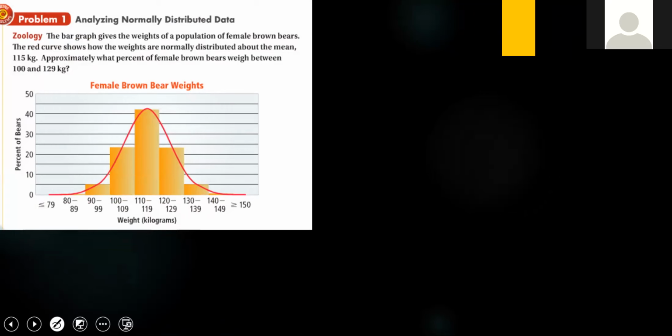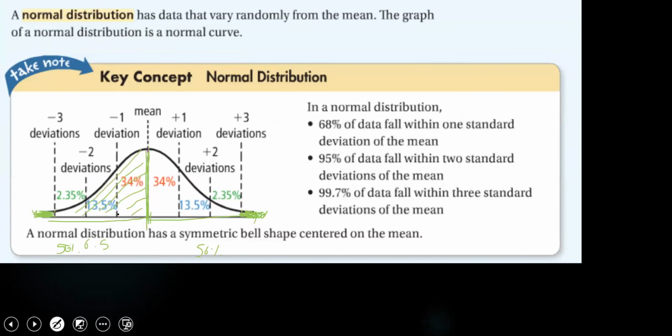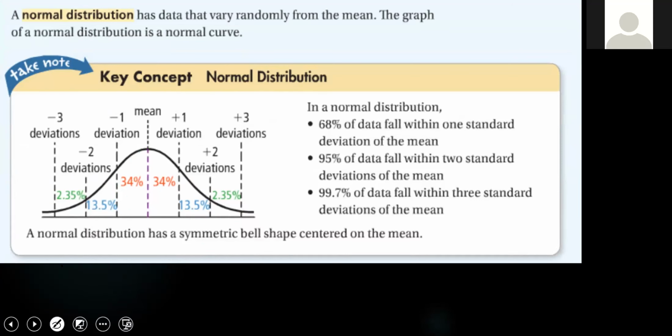If the result of the negative standard deviation, like x bar minus sigma, was after the mean, not before the mean, what should I do?